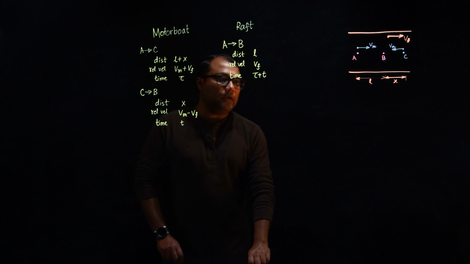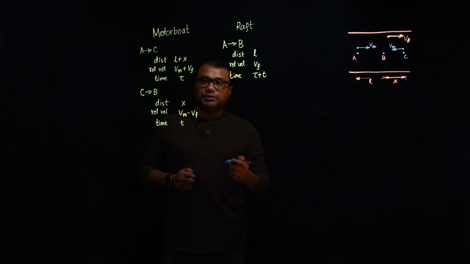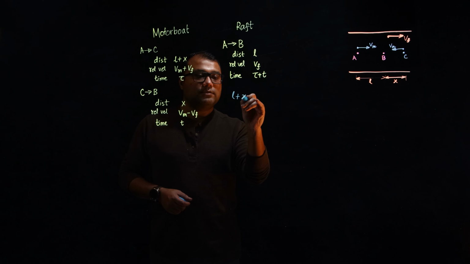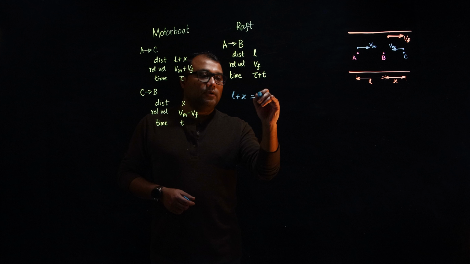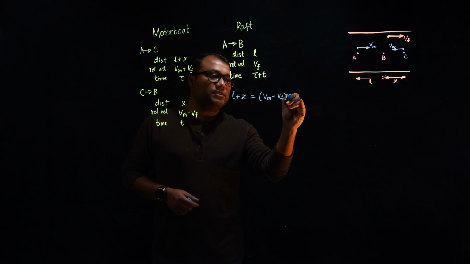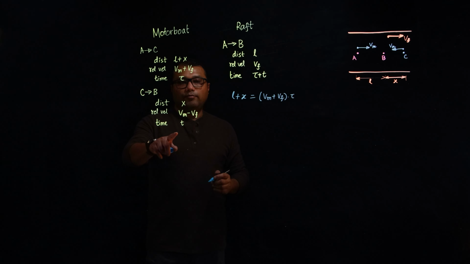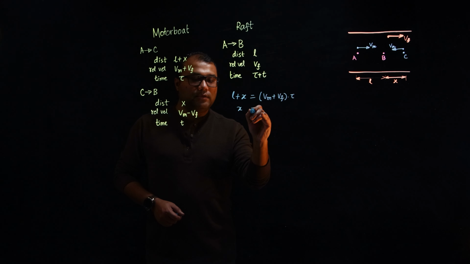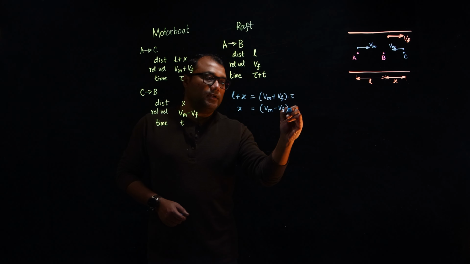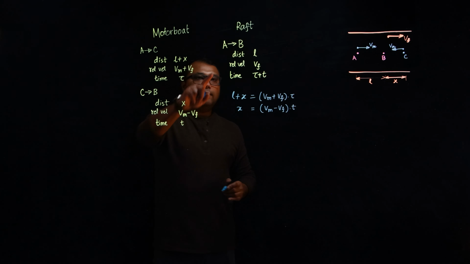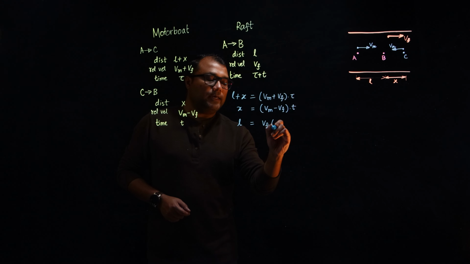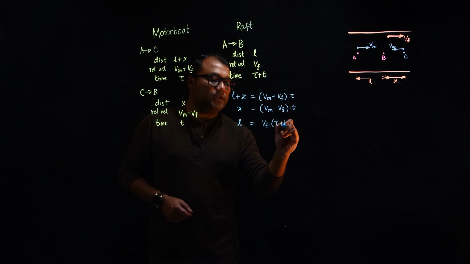Now let's write down our equations. For the first, L plus x is (Vm plus Vf) times tau. For the second, x is equal to (Vm minus Vf) times t. And for the third, L is equal to Vf times (tau plus t).